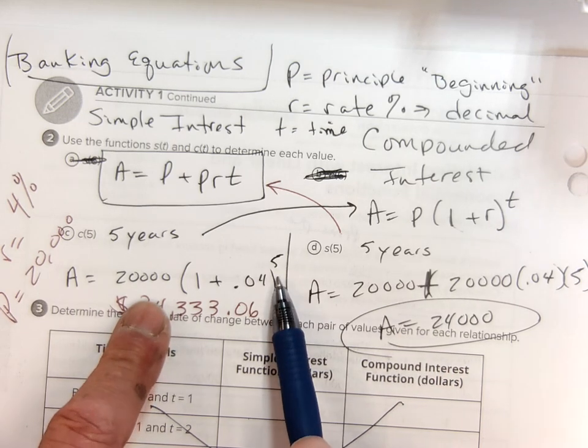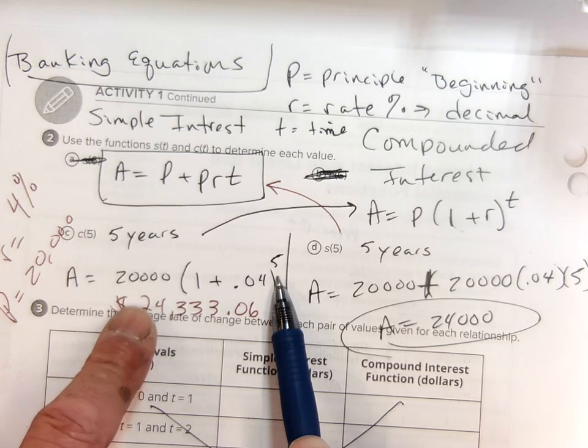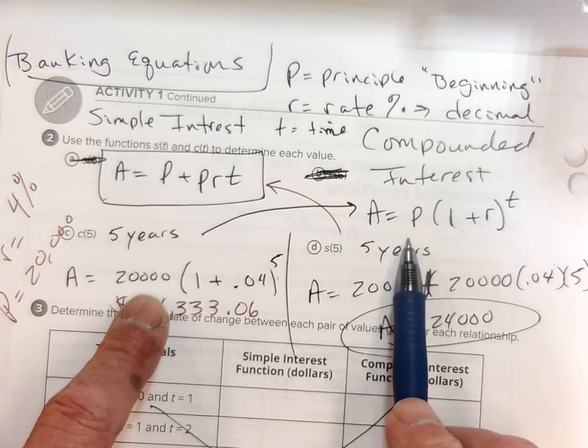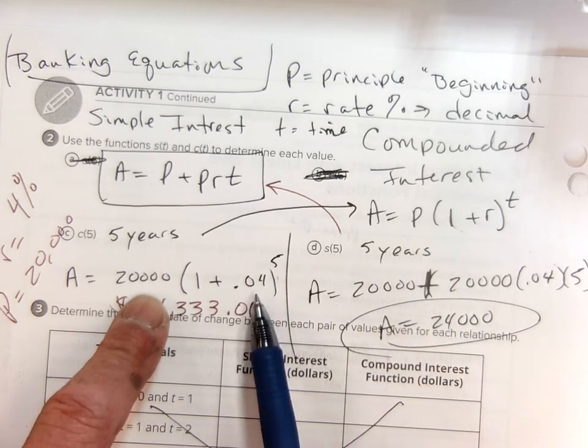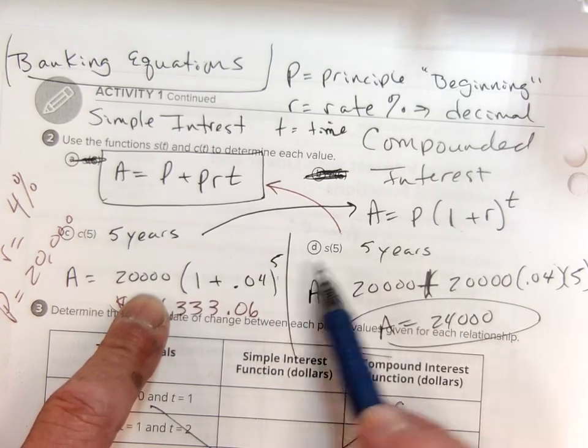So here's 5 into compounded interest. So I took 20,000, which is my P, 1, always the number 1, plus 0.04, because it's 4%, to the 5th power.